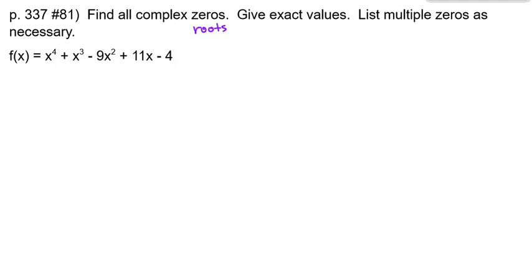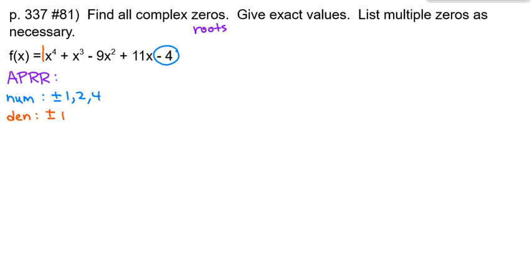What I'd like to start with is finding my APRR list, so I know what rational roots are potential roots. Remember, to do the APRR list, you look at the constant, which gives you your potential numerators, plus or minus factors of 4, so plus or minus 1, 2, and 4. Then you look at the leading coefficient, which is 1 this time, and all the factors of that will be your potential denominators, so just plus or minus 1.